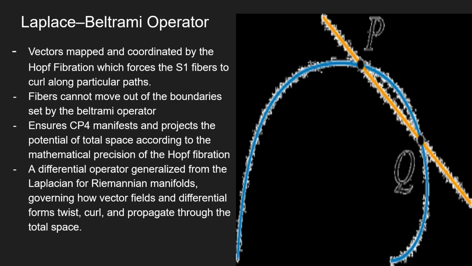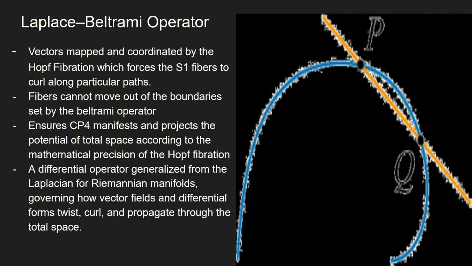So this ensures that CP4 manifests and projects the potential of total space according to the mathematical precision of the Hopf fibration. So basically, as I said, the Hopf fibration knows every single possible way that the sand can move, and it's impossible for the sand to move any other way than the ways that have been mapped already by the fibration.